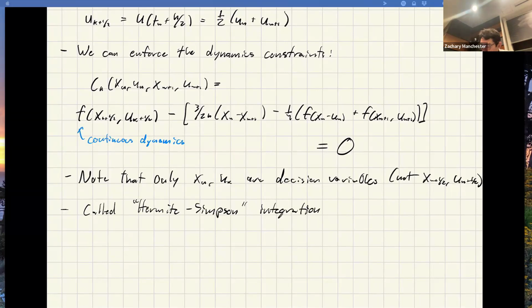So that's cool. It turns out this is third order accurate. RK4 is fourth order accurate, and this is third order accurate. So this is basically a third order implicit Runge-Kutta method, which is pretty good, right?